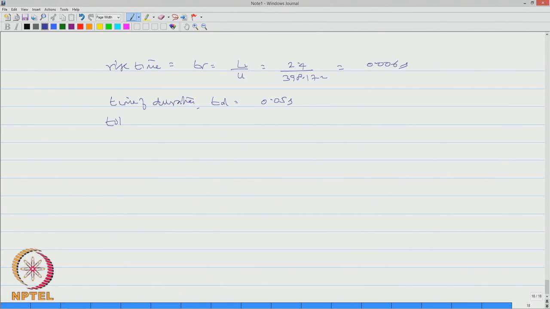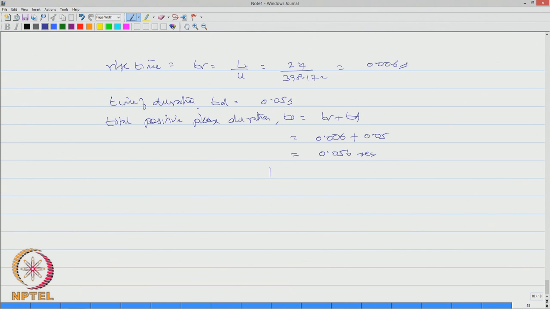So, therefore, the total positive phase duration, which I call T0, is TR plus TD, which is 0.006 plus 0.05, which is going to be 0.056 seconds.